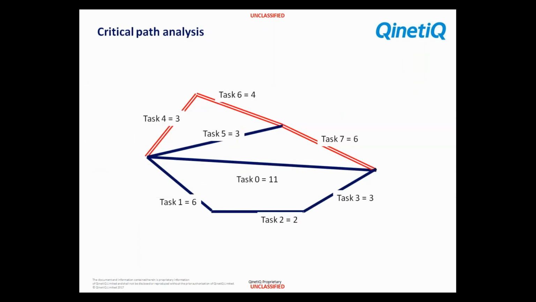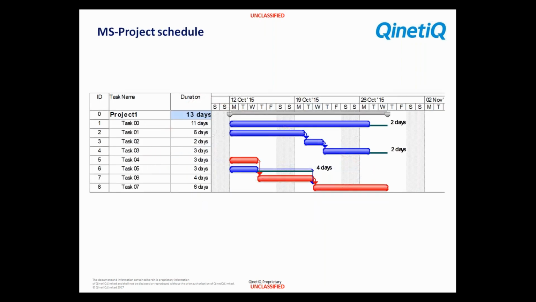So that critical path goes up through the top there, 4, 6, 7, with a duration of 6, 4, and 3, that's 13. If we put it into Microsoft Project, it'll tell you exactly the same, and it'll indicate where the float is in some of the other activities, other tasks.